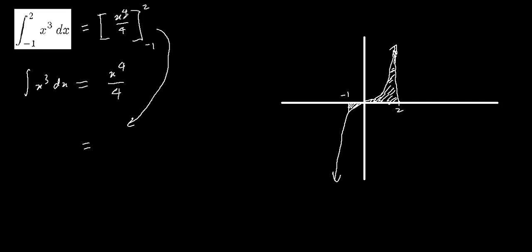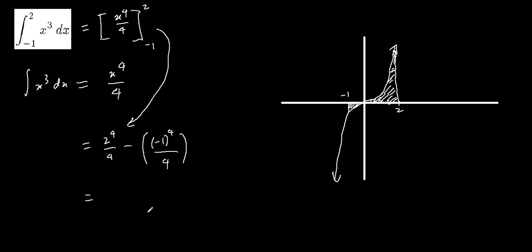Then I sub 2 in, so I get 2 to the 4th all over 4, and then I subtract from that when I sub -1 in, -1 all to the 4th, all over 4. So you sub the top one, then sub the bottom one, and you subtract them.